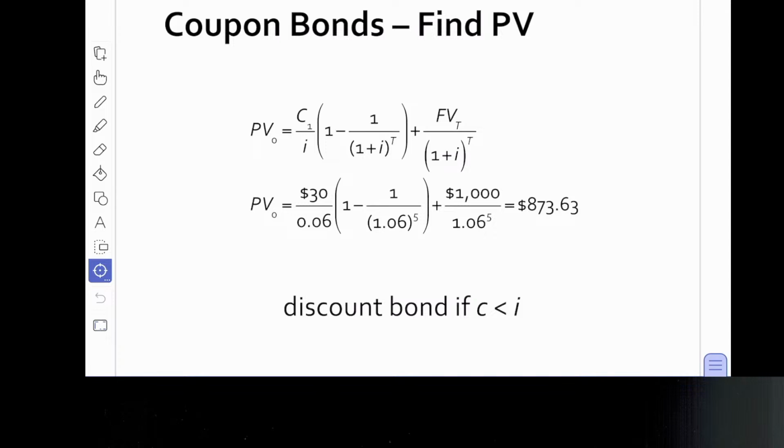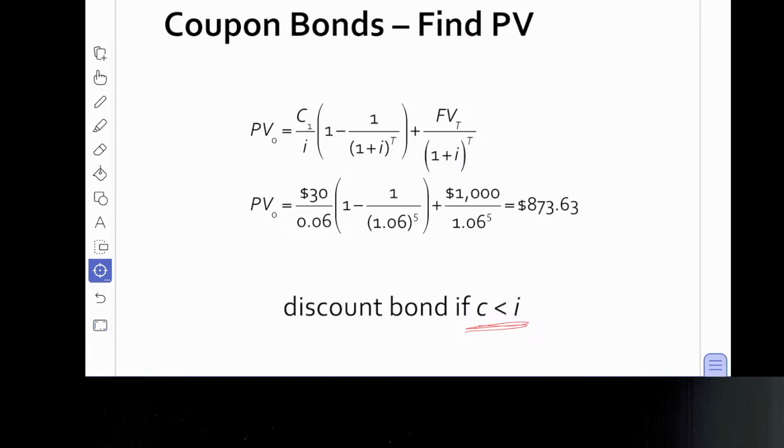Okay, so this is called a discount bond when the coupon rate is less, so you're getting less every period than the yield to maturity. You've got to be incentivized with a discount as an investor. That's the minimum price. If bonds were selling for less, it would be a deal to buy that.